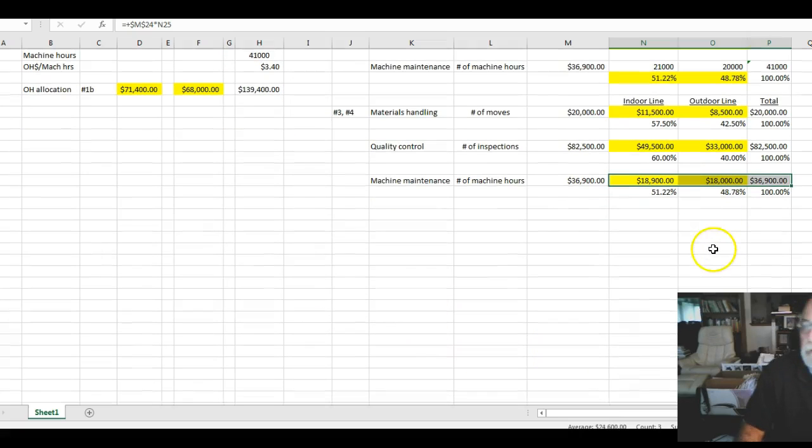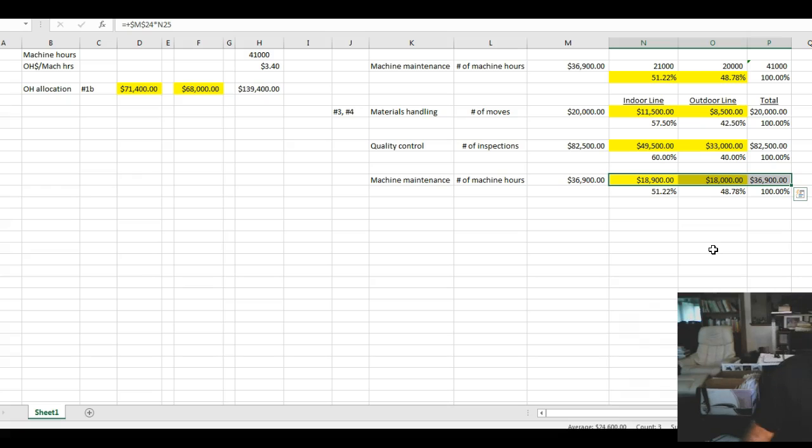Okay. And then actually number 3 and 4 are asking for the total overhead for each of the 2 products, indoor and outdoor. So the total for indoor would be the total for material handling plus the total for quality control plus the total for machine maintenance.